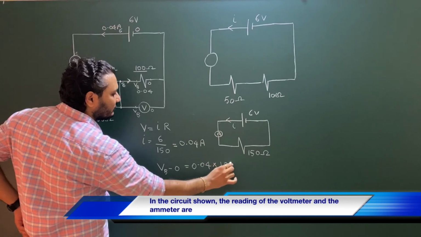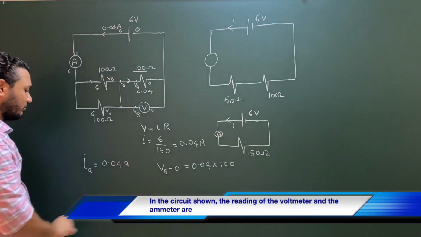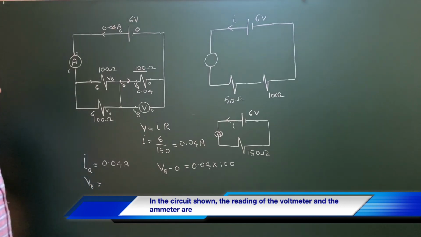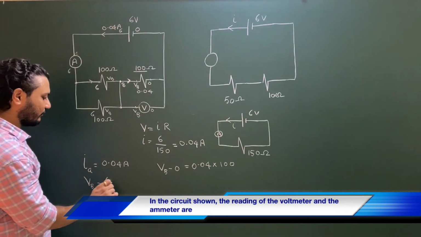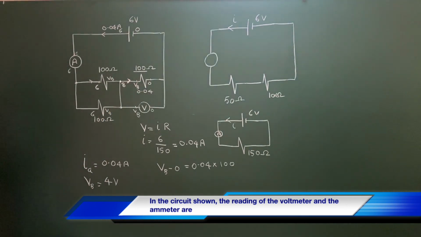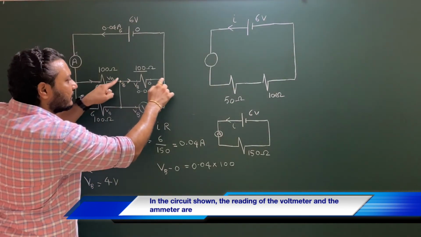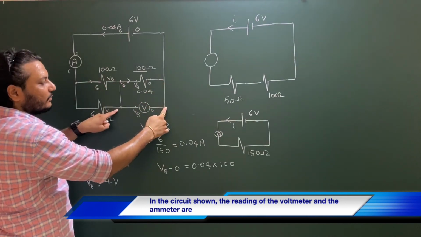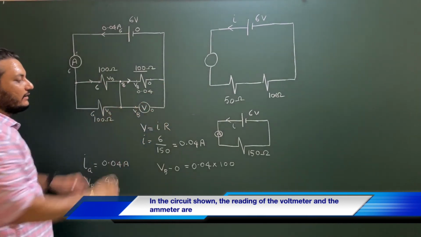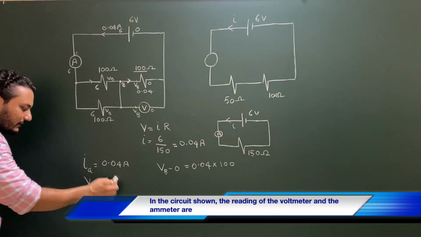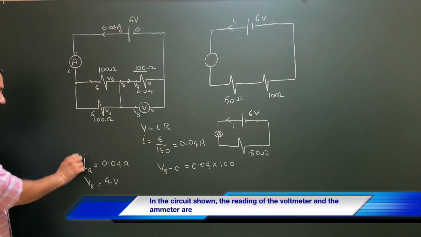If you multiply these two, you will get the potential drop is equal to 100 into 0.04, that is 4 volt. So the potential drop across this 100 ohm is 4 volt, and that 4 volt is the difference between these 2 points also. The potential difference between these 2 points becomes 4 volt. So this is the reading of the voltmeter. So this is your final answer.